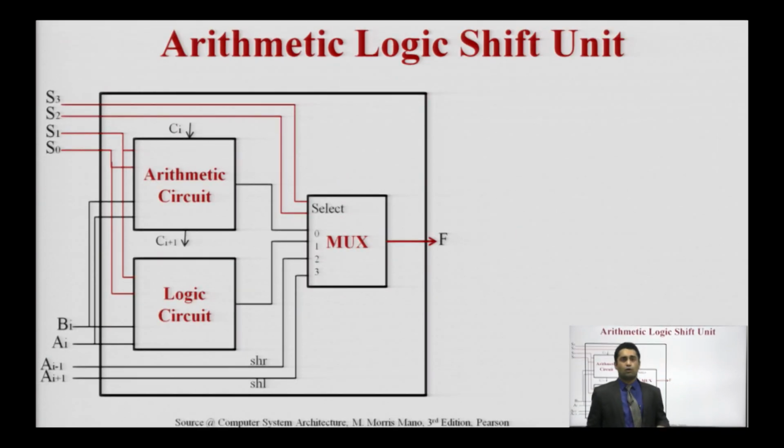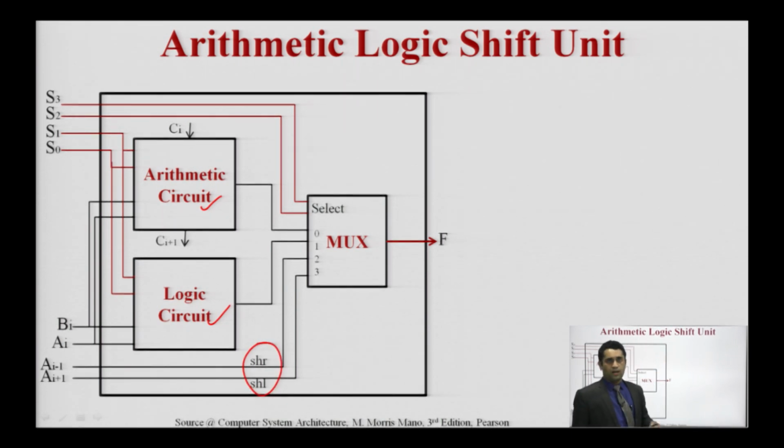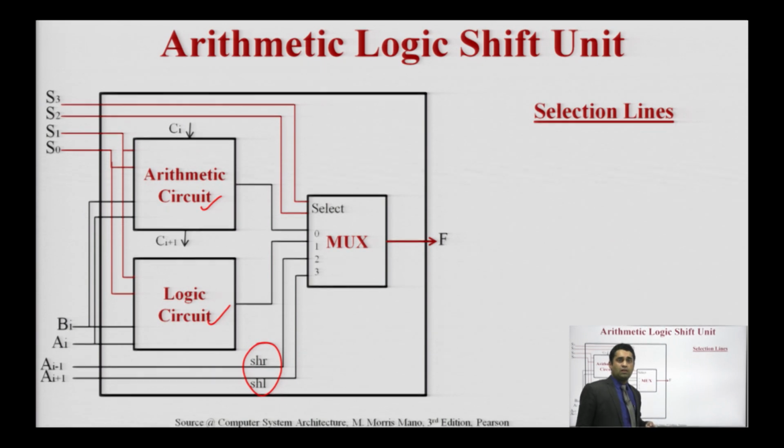Now when we are going to club all three parts, we are working with the arithmetic circuit, the logical circuit, and the shift operations. By default we have the logical shift working, shift right and shift left, and here we derive the selection lines, which give a particular selection, meaning which module you want to use.